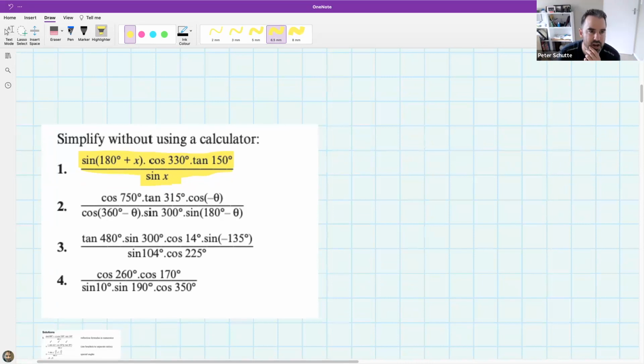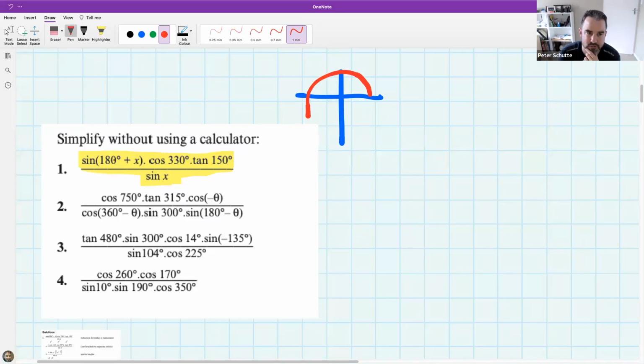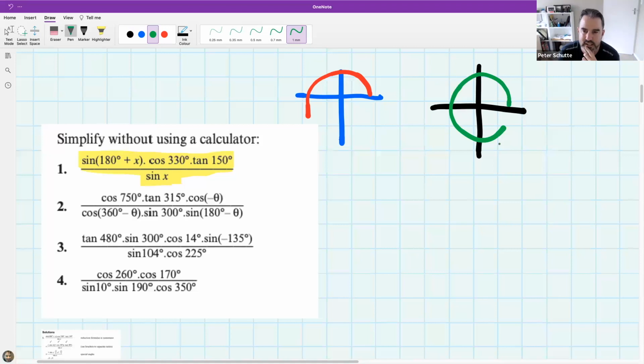Okay, so how are we going to reduce 180 plus x? I guess we have to just visualize what it looks like. So that would be that. And then the cos of 330 for me would look like that. And the tan of 150, that should look like that. Now, I think using the horizontal will be the easiest way to do this.